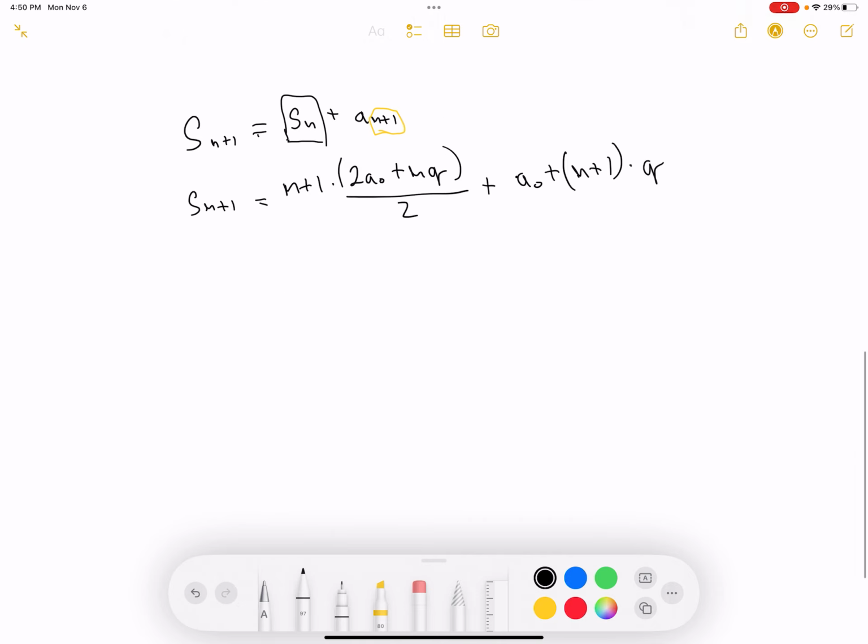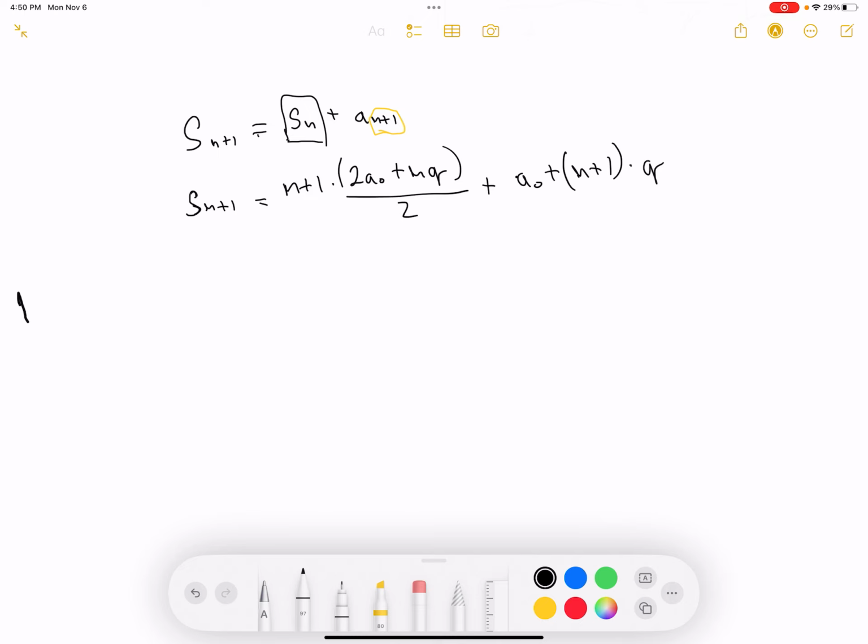Okay, so how do we solve it? We need to simplify this formula, and hopefully we will get an output that looks like a plausible formula for S n plus 1. All right, but let me get to that step by step. So how do we work on this?